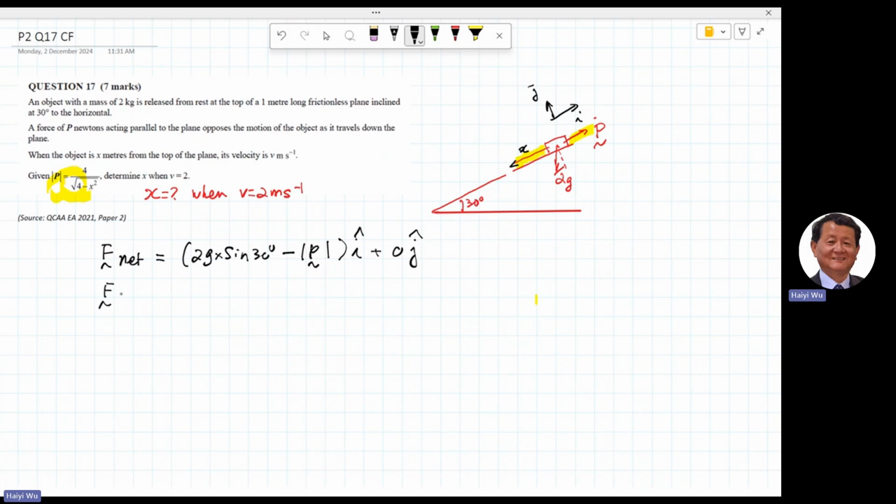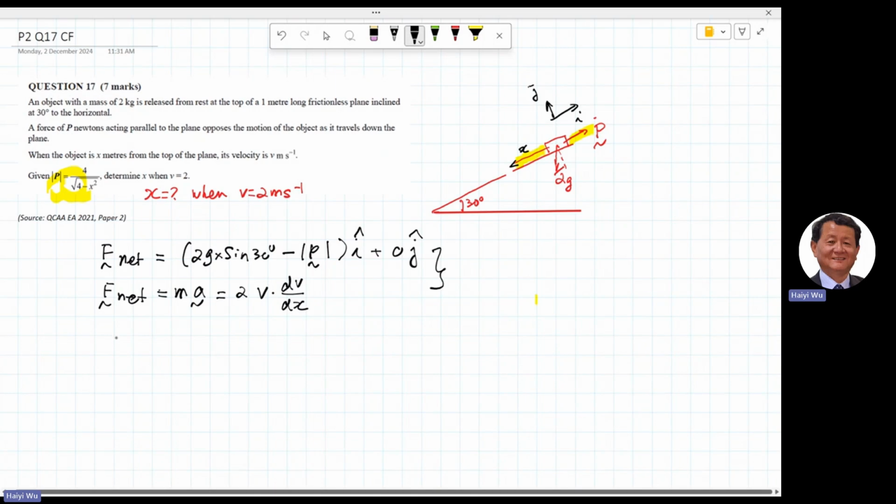Also, we can use F equals ma, Newton's second law. Because m is 2, we can write a as v times dv/dx, using the chain rule. Therefore, those two forces must be equal.